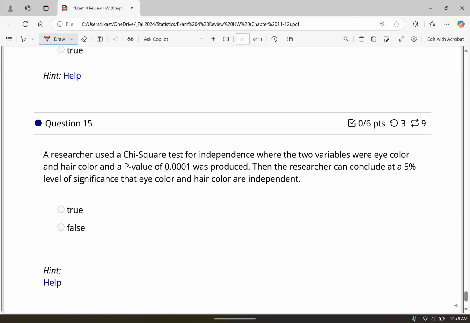If the p is low, the null must go. And the null hypothesis is that they're independent. So the alternative is that they are dependent, correct? A p-value that low shows that they are actually dependent on each other. So no, not independent. They are dependent, correct?